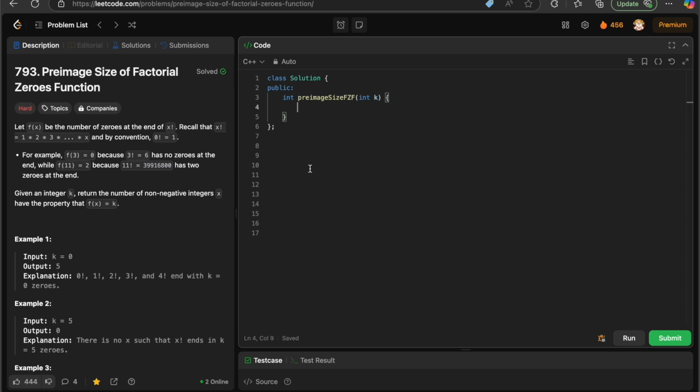Another important observation is that the number of 5s will always be dominated by the number of 2s.